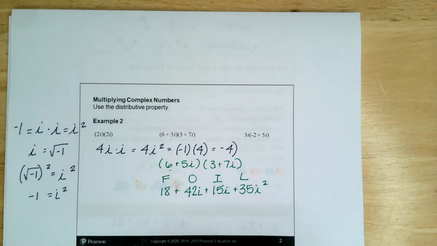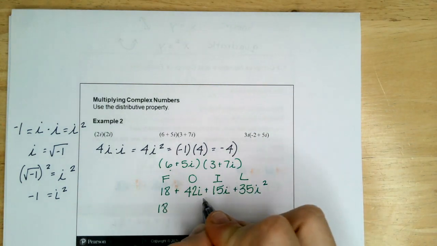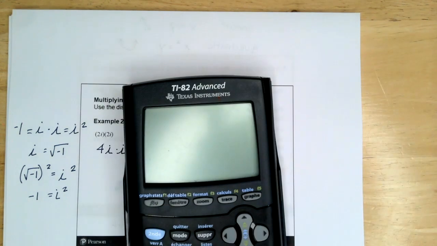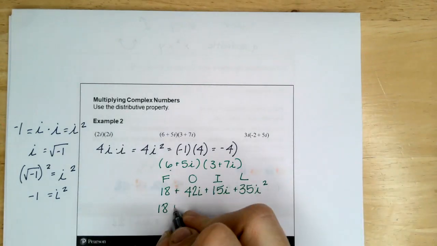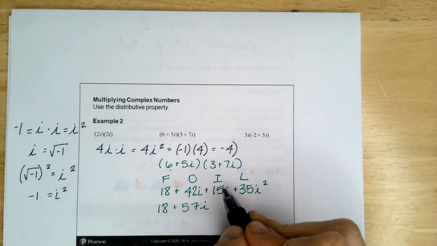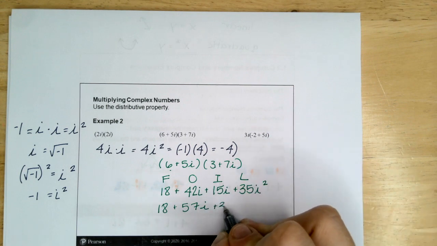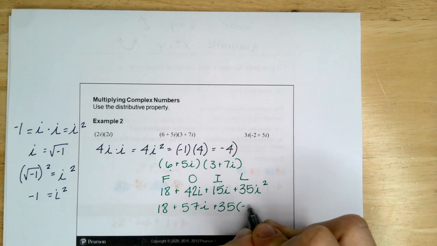Sorry, I stopped saying the i's. All right, let's look at it. 18, 42i, and 15i together gives us 57i. So I'm just combining the i's. There are 42 of them and 15 of them, so they become 57. 35i squared, but remember what we do with i squared? We change it to a negative 1.